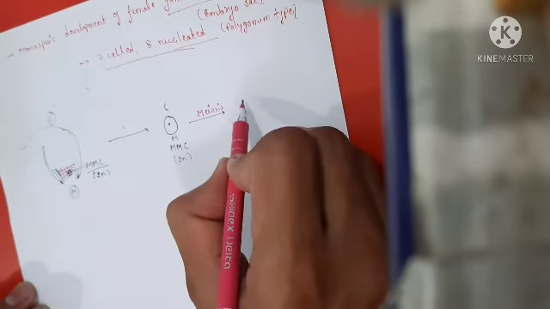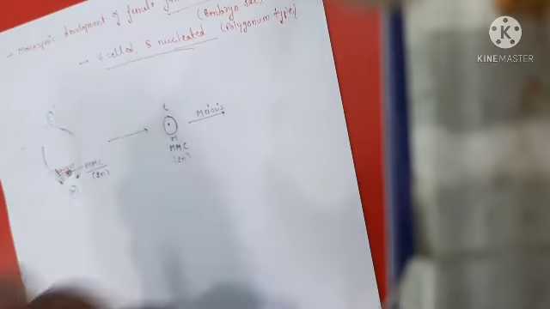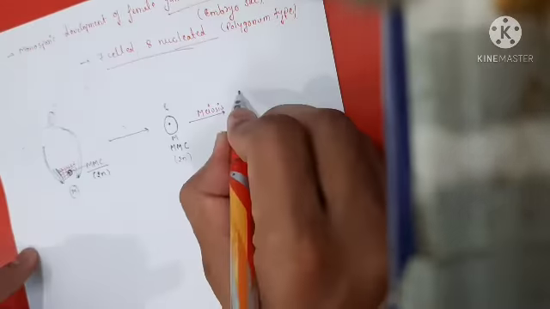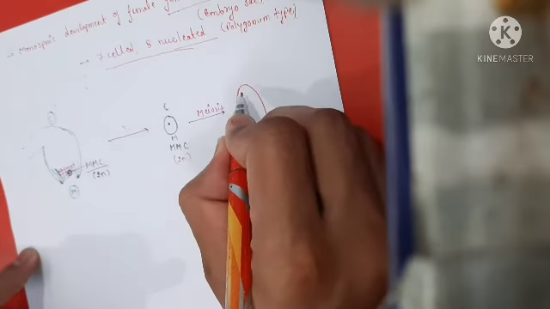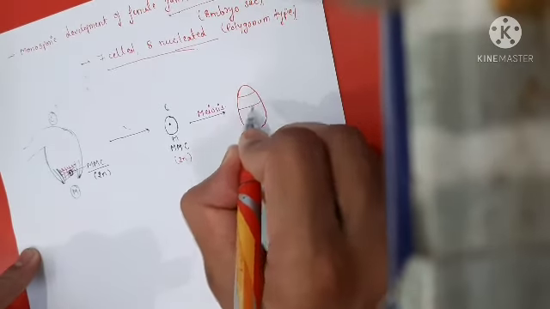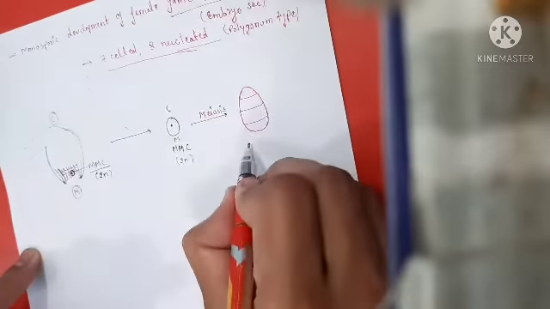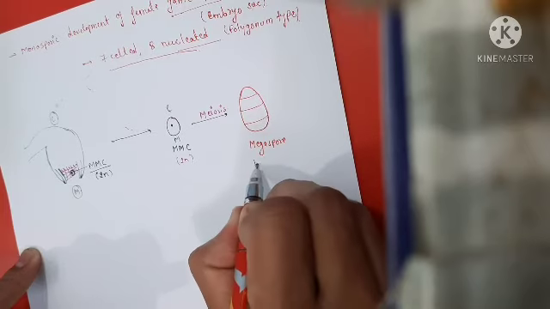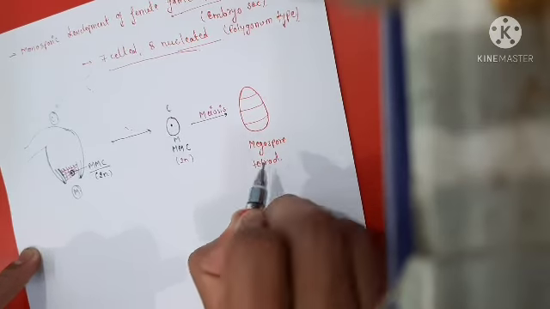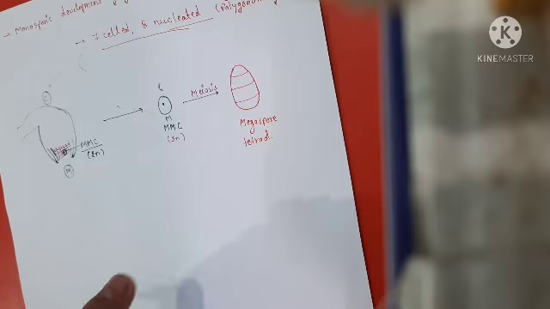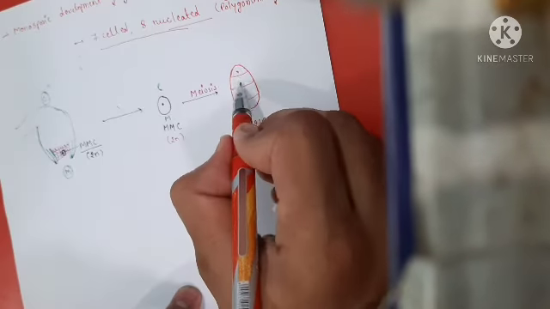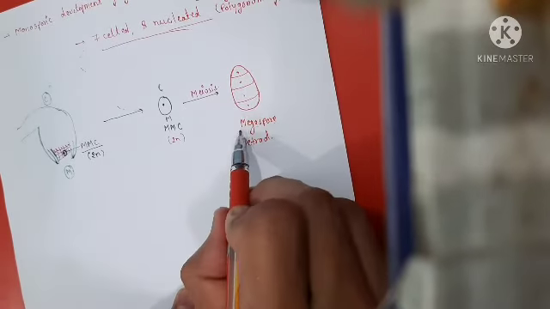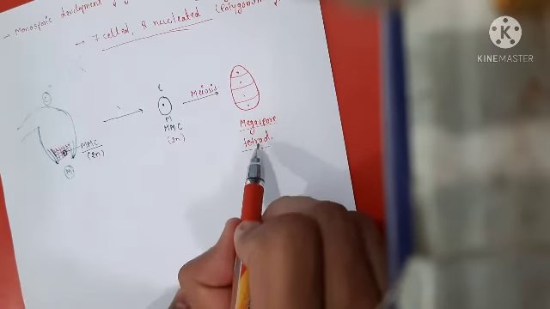After that, there is formation of megaspore tetrad. In male gametophyte there is also formation of microspore tetrad, but here it is megaspore tetrad. The formation of 4 megaspores is called megaspore tetrad.